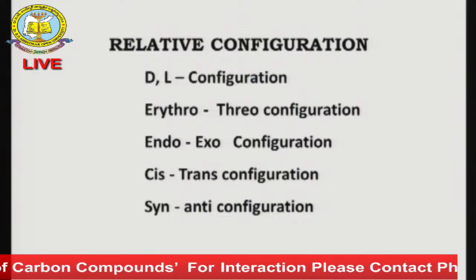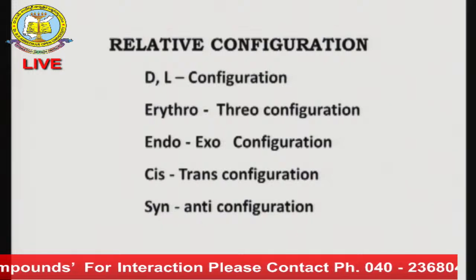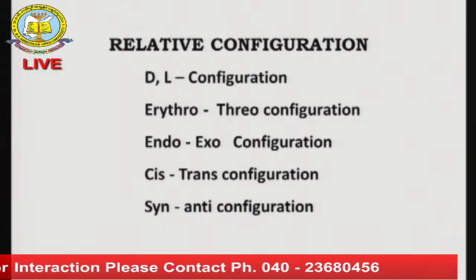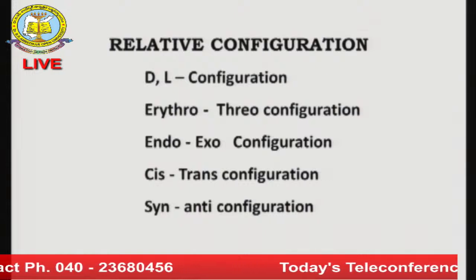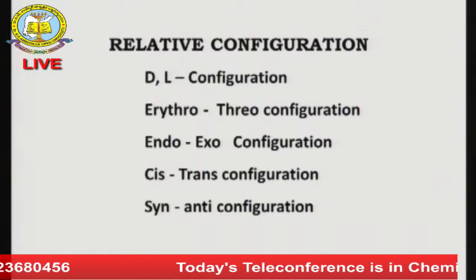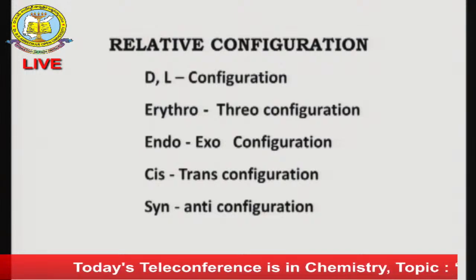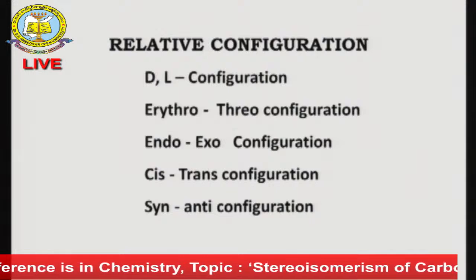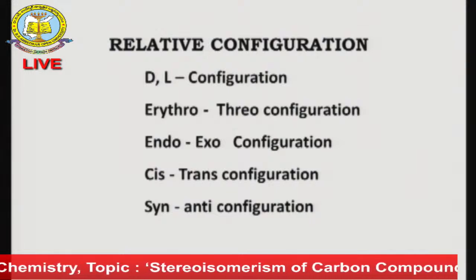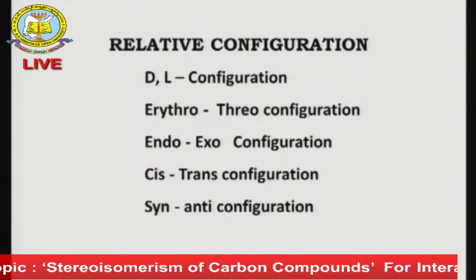That is called relative configuration. These relative configurations are of several types based on the compounds considered. The DL configuration is a relative configuration. Similarly erythro-threo, endo, exo, cis, trans, and syn and anti are called relative configurations.